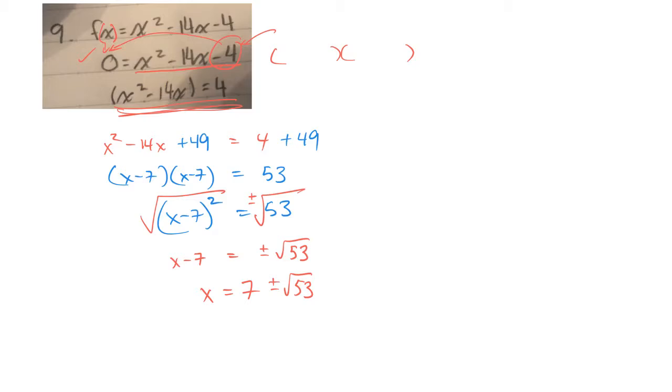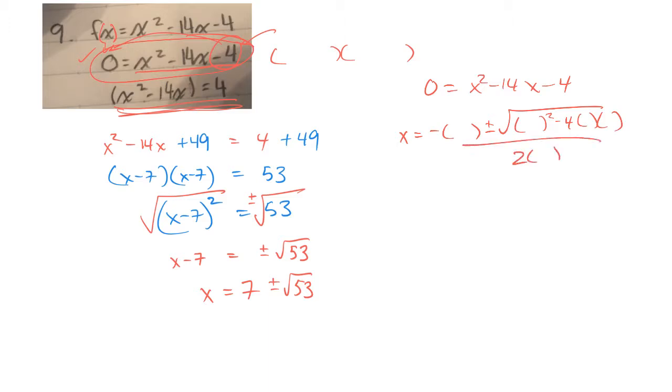Another way you could have done it is do the same thing as you did here, let it equal 0. So 0 equals x squared minus 14x minus 4. And then to solve for the zeros, you could use the quadratic formula. So x is equal to minus b plus or minus the square root of b squared minus 4 times a times c all over 2a.